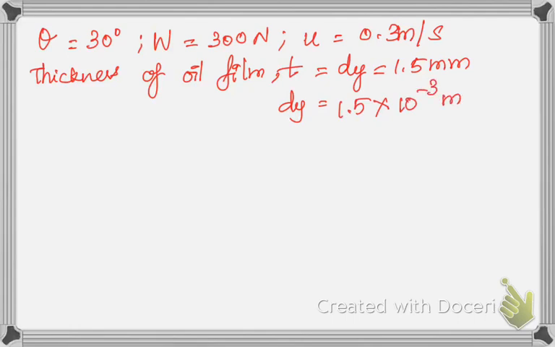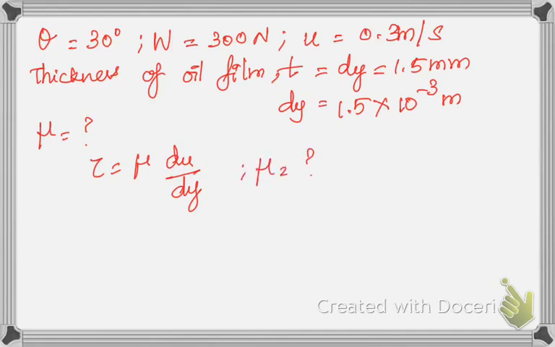We are converting mm into meter, and we have to get the value of mu. Okay, so we know the formula tau is equal to mu into du by dy. Using this formula we have to get the value of mu.